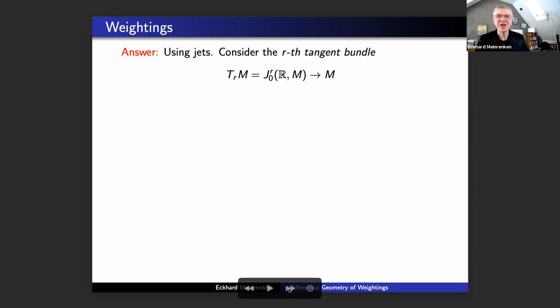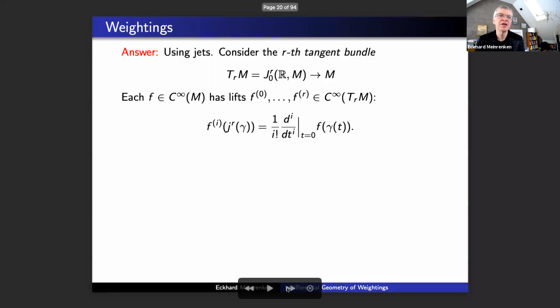If you teach a course in differential geometry and you use the curves definition to introduce a tangent bundle, you always run into this problem that the curves definition doesn't really tell you why it's a vector bundle. And for these higher ones, they really are not vector bundles. Anyway, these higher tangent bundles enter our game.